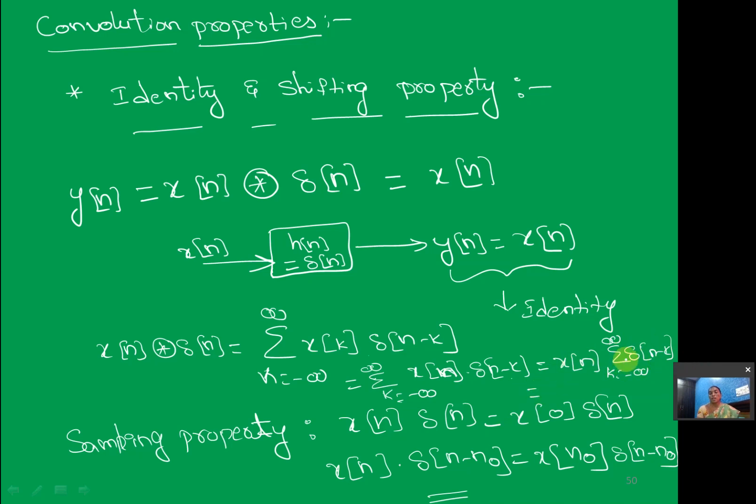So the area under the curve, or the summation of the particular impulse sequence, is nothing but 1, which gives x of n. In this way we can prove that x of n convolved with del of n is always nothing but x of n. This is the identity property.